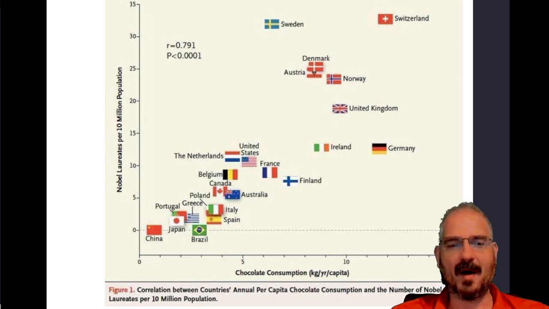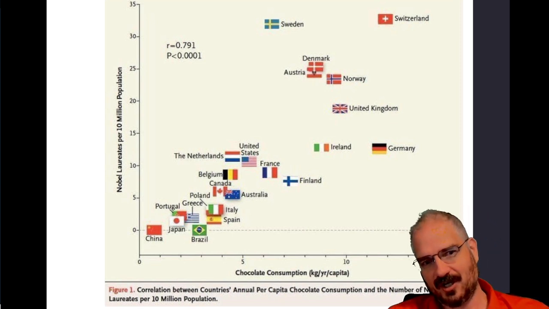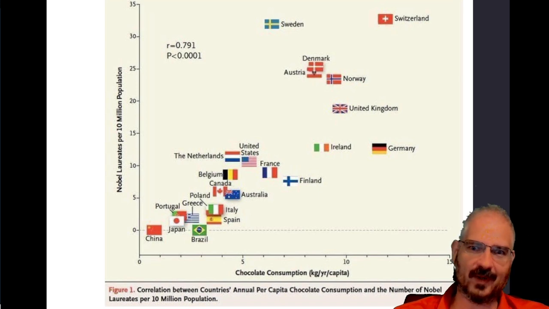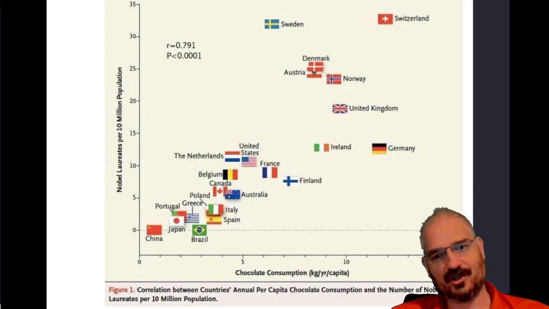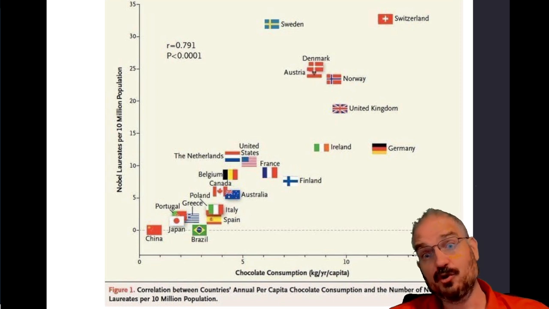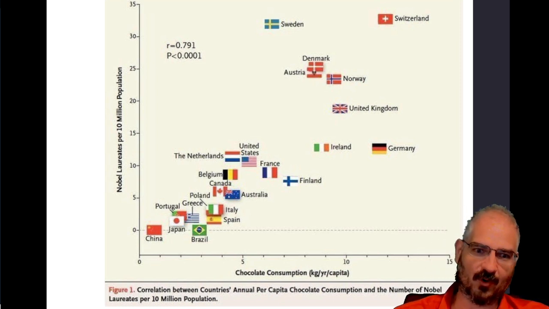right? Where there's some other factor that is affecting both chocolate consumption and ability to win a Nobel Prize, right? It might just be gross domestic product, right? How rich is a country? Because the richer you are, obviously, or usually, the more chocolate people are going to be able to afford.